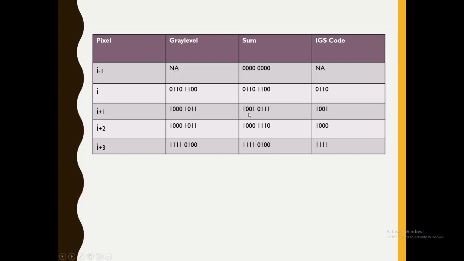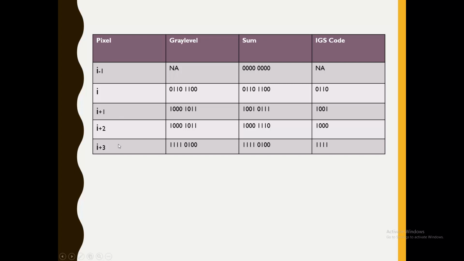Again we use the same four most significant bits, so the IGS code is 1001. Similarly for pixel I plus 2, the intensity is this one. We add this one and this one, and finally we get the four most significant bits 1000.